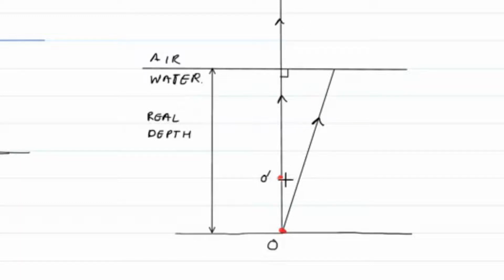That means this ray of light, let me draw a normal also. So when we are drawing a normal at that point of incidence, the refracted ray goes like this. And it is very clear that you can notice that there is bending of light.